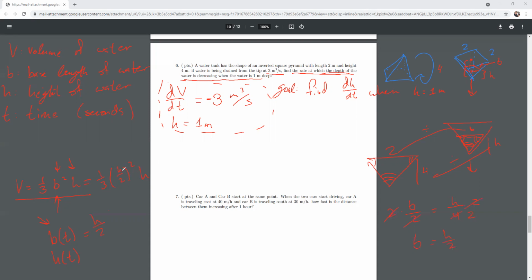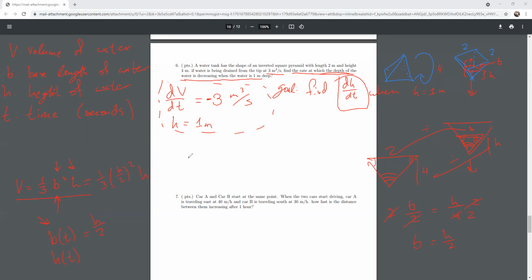We no longer have b's. That is another part of these problems: when you have other variables which you don't know how to work with, try to see if you can use some other machinery to get rid of them. In our case, we used similar triangles to get rid of the other variables to get the variable we care about. The variable we care about is h, because we're solving for its derivative.